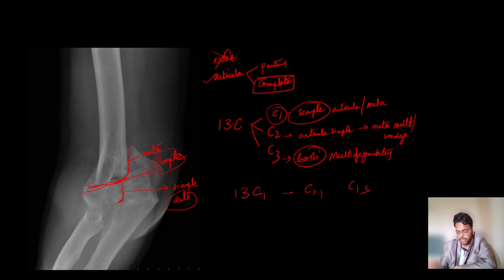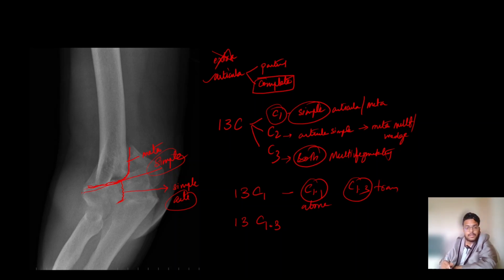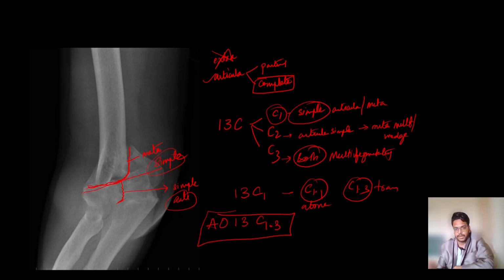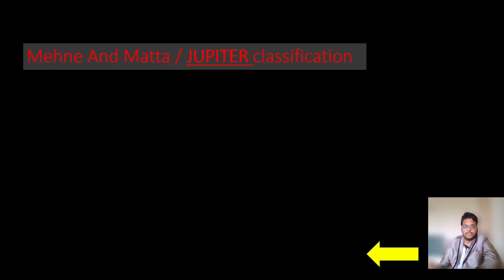If it is going through the transcondylar axis, it is 1, 3, C1.3. So this X-ray is an AO type 13C1.3 type of fracture.